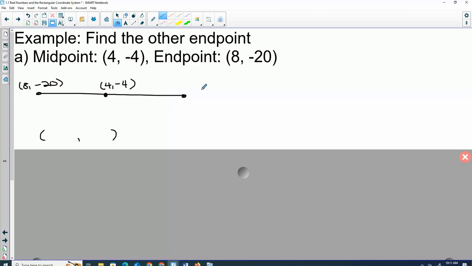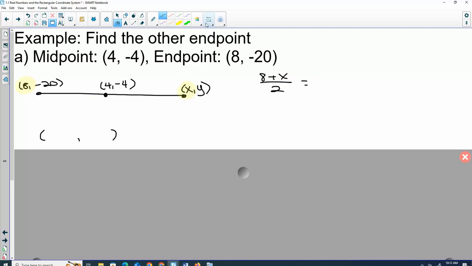All right, so if I'm going to do it the algebraic way, this is some point x, y that I have to find, right? Midpoint says you add the x's and divide by 2. So I'm going to add my 2 x's. So it would be 8 plus x, divide by 2. And that has to give me the x value of the midpoint.